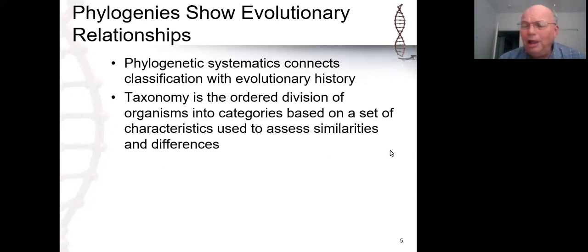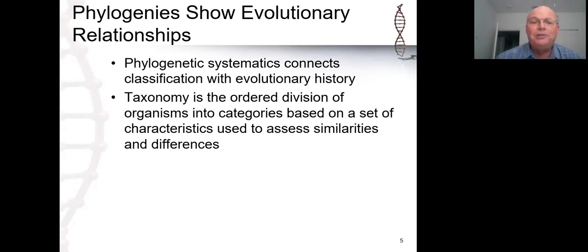So phylogeny, which is a term that you've been introduced to previously, is the term that references the evolutionary history of an organism. So when we talk about phylogeny or some type of phylogenetic evaluation, what we're really talking about is thinking about the evolutionary origin of a single species, or perhaps even the evolutionary origin of a group of species, depending on which level we want to do the classification at.